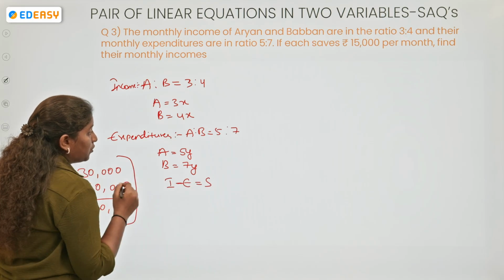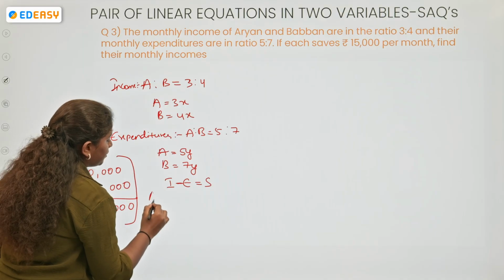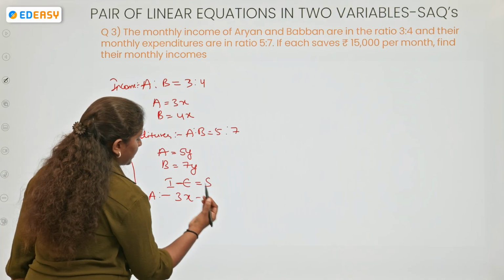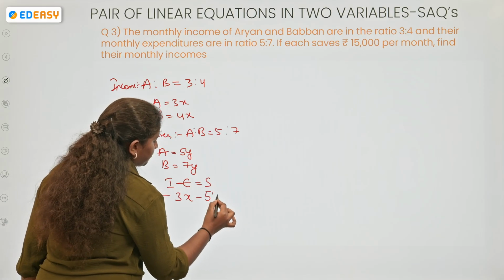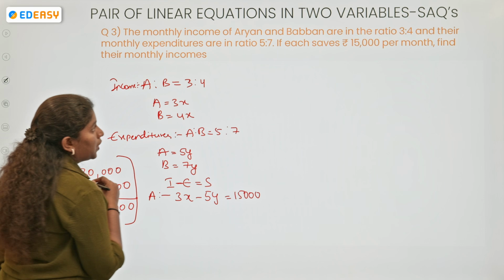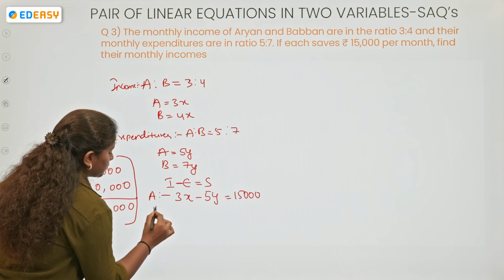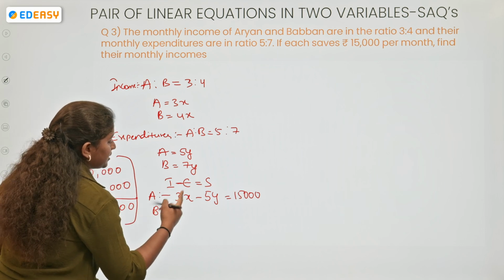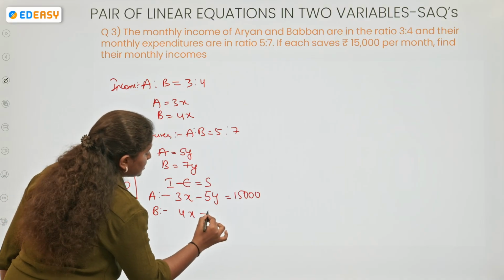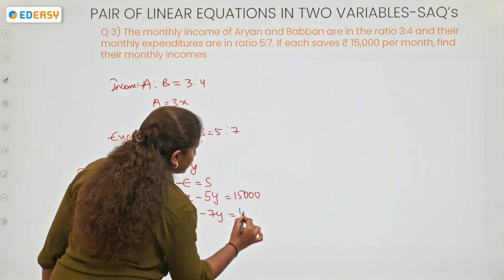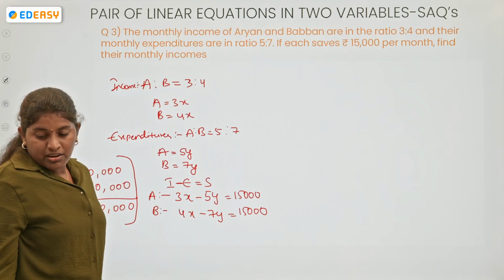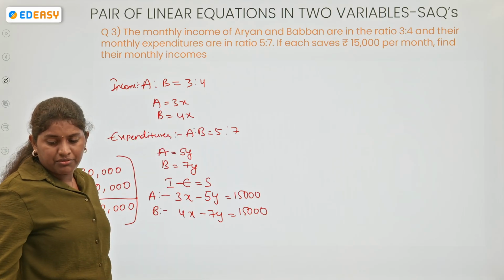Clear? Now coming to here, for Aryan, 3x is the income, minus expenditure 5y, and savings is 15,000. Same for Baban also. For Baban, income is 4x minus expenditure 7y and savings is 15,000. Why are we writing 15,000 for both?